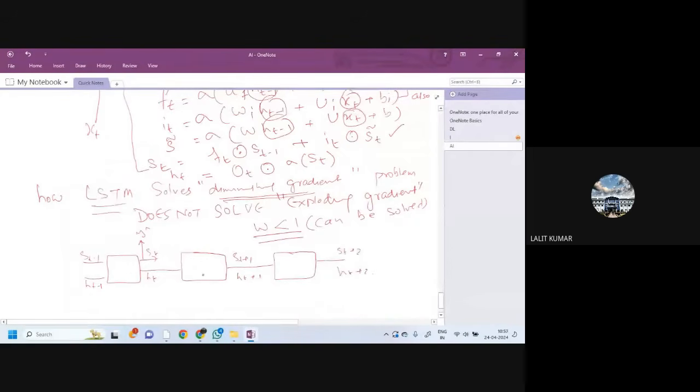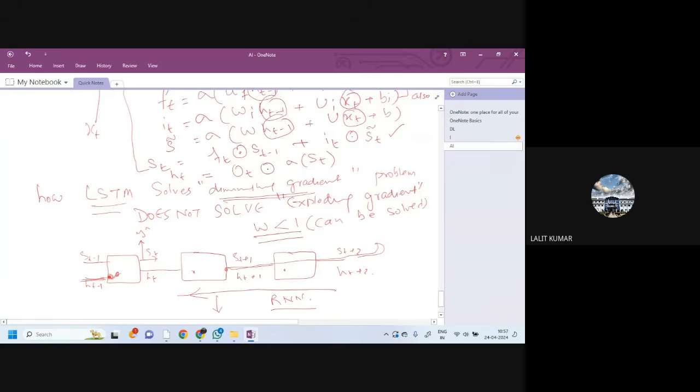When we apply the gates, if the HT minus 1 is not important, I forget it by the forget gate. The gradient loss which was flowing in earlier RNN was running throughout and diminishing. Here it diminishes only where it has to diminish, because now it will pass through these gates also.